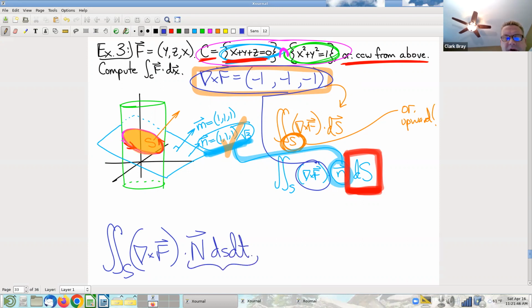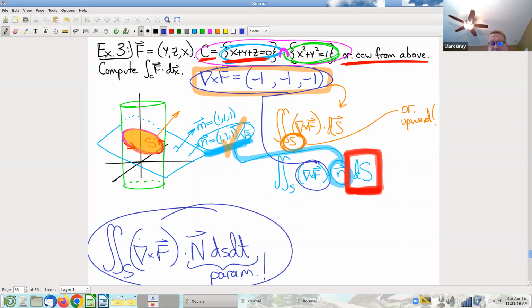Namely, you'd parameterize and pull back through the parameterization. Okay, so this is the best approach that we discussed, and it might even be the best way to solve the problem. But I forgot to mention previously, and I think this is worth mentioning.